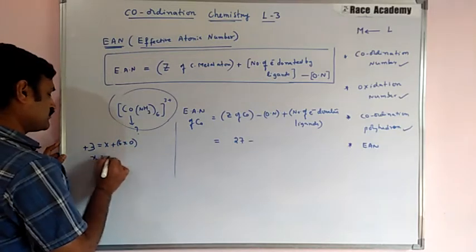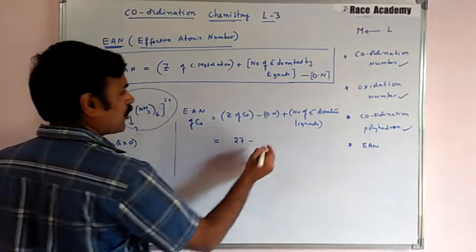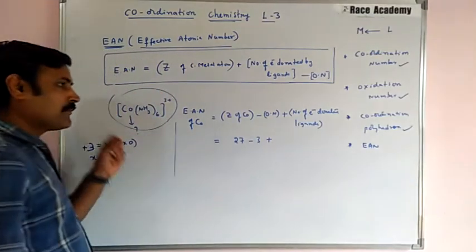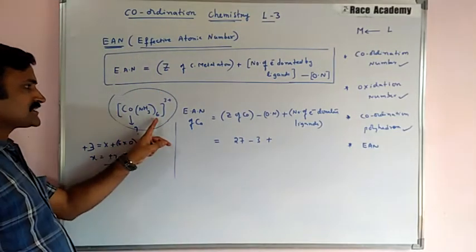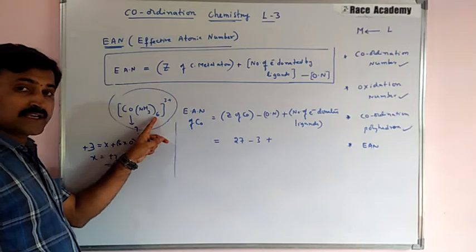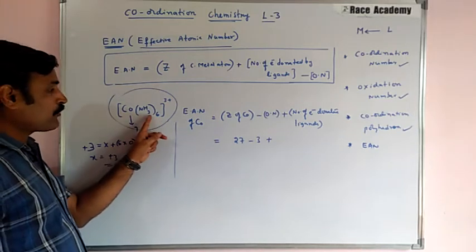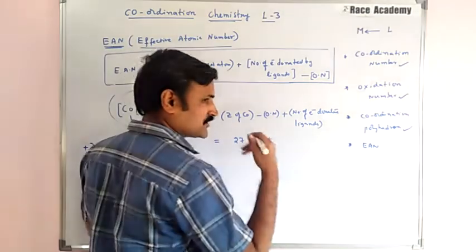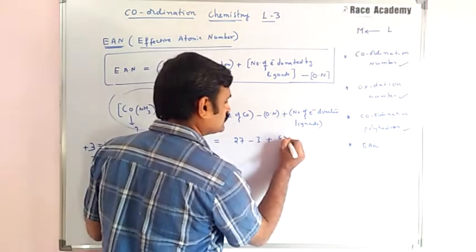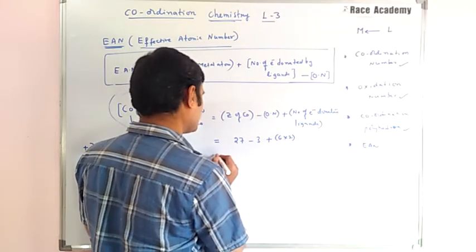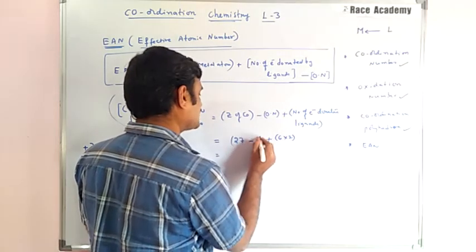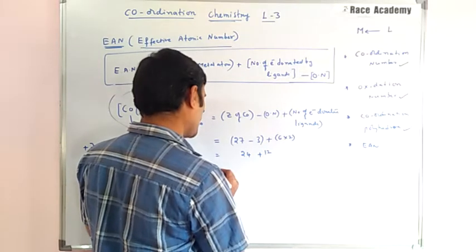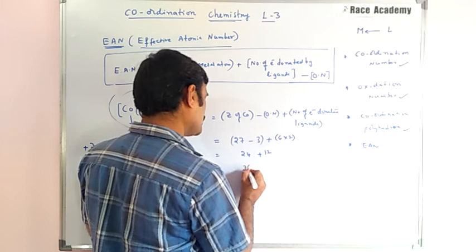So X is equal to plus 3. That means the oxidation number of this cobalt is plus 3, plus the number of electrons donated by ligands. There are 6 ligands. These are monodentate ligands, which means around cobalt there are 6 donor atoms. 6 will donate 12 electrons, so 6 into 2, 12 will come. So 27 minus 3 is 24, plus 6 into 2 is 12, that is equal to 36.